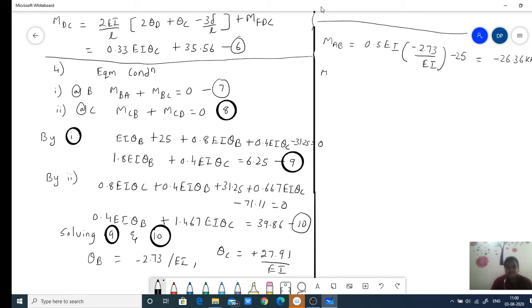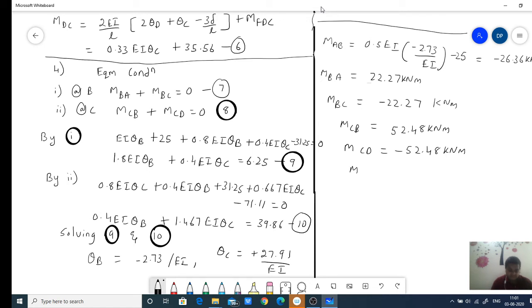Similarly for MBA, you will get 22.27 kilonewton meter. For MBC, you will get minus 22.27. For MCB, you will get 52.48 kilonewton meter, and then MCD, you will get minus 52.48 kilonewton meter.